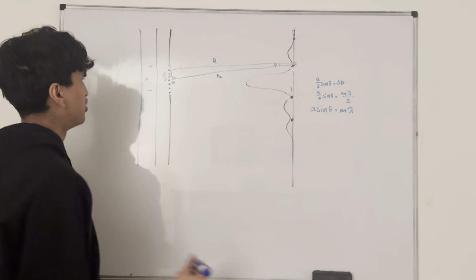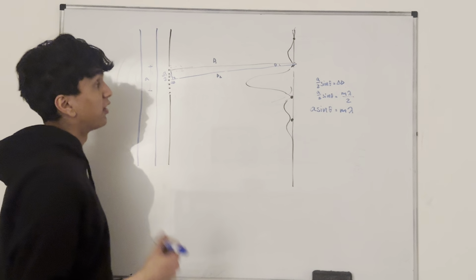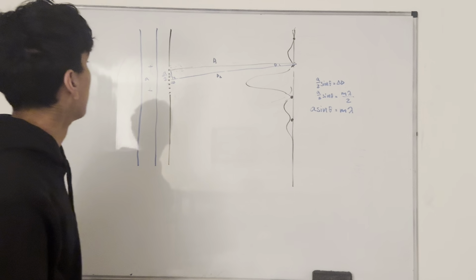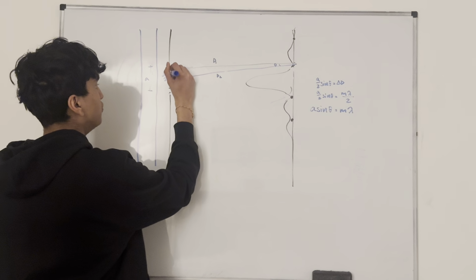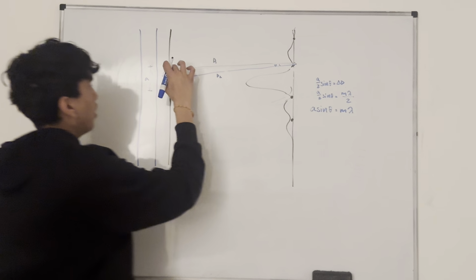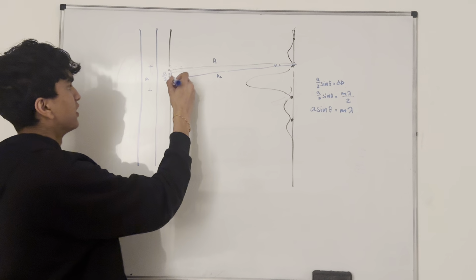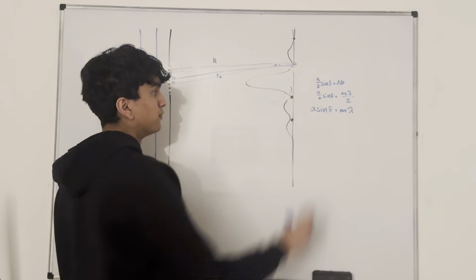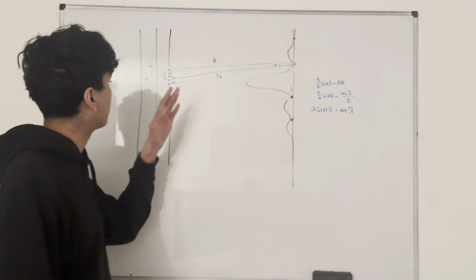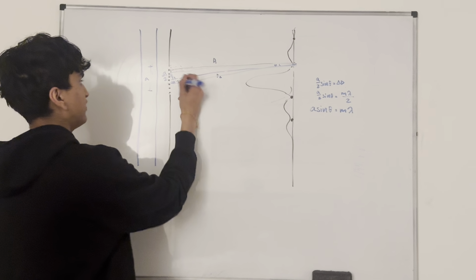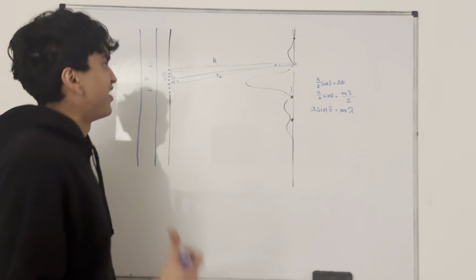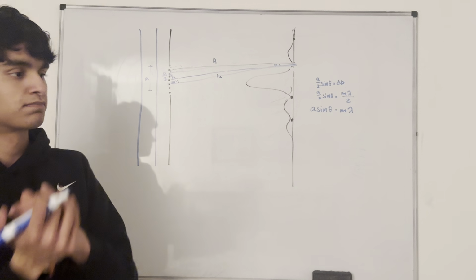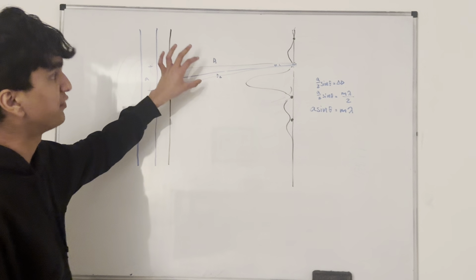And then, just like usual, to show that this is indeed a minimum, you can go a wave down and do the same exact thing. So I can go a wave down here and a wave down here, and I can show that this would still hold true, because when I do the derivation with my perpendicular bisector, this theta is so small that the sine thetas are essentially equivalent because these lines are essentially parallel.